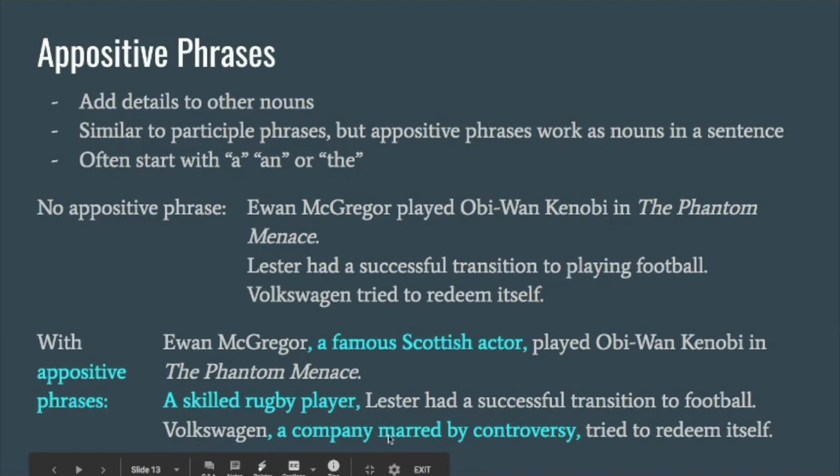Volkswagen, a company marred by controversy, tried to redeem itself. So each of these appositive phrases go back and tell you more about the nouns that they modify. So this tells you that Lester, a skilled rugby player, was successfully transitioning to football. Volkswagen, it tells you more about the noun, a company marred by controversy, tried to redeem itself.